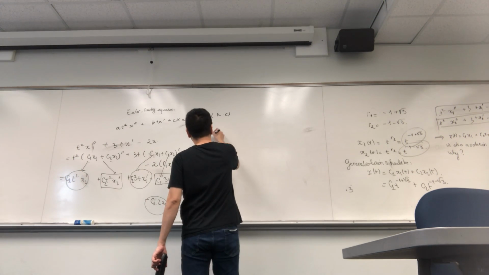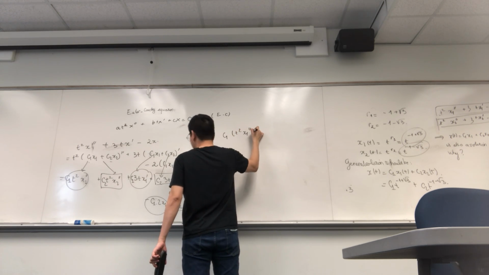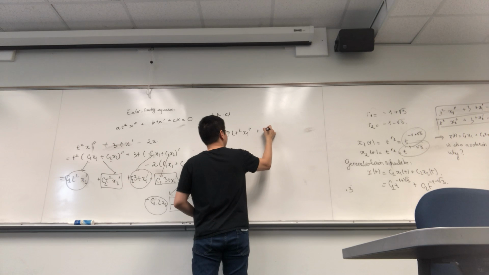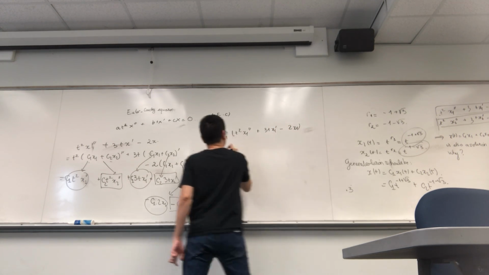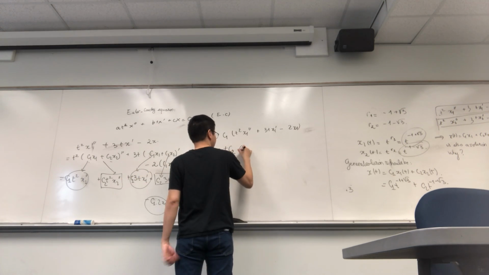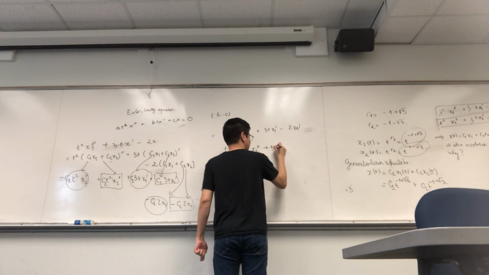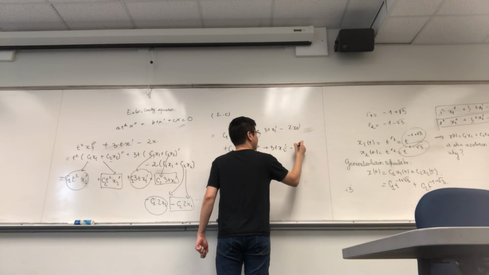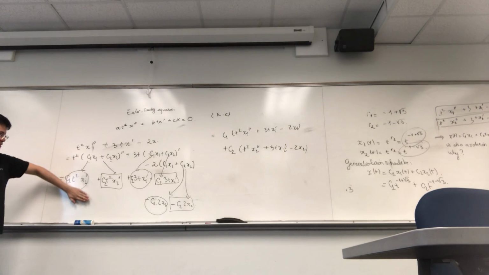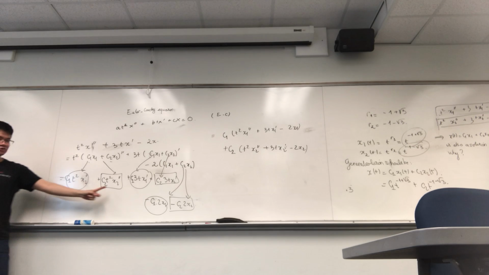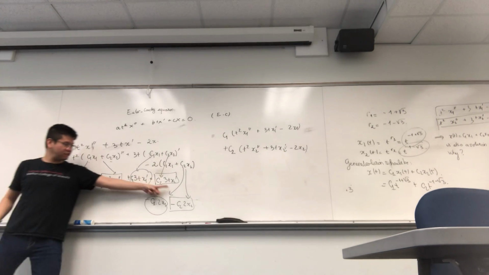When you combine all of the circles, you have c1 t squared x1 double prime plus 3t x1 prime minus 2x1. And when you combine all of the rectangles, you have c2 t squared x2 double prime plus 3t x2 prime minus 2x2. The circles are for x1, the rectangles are for x2.